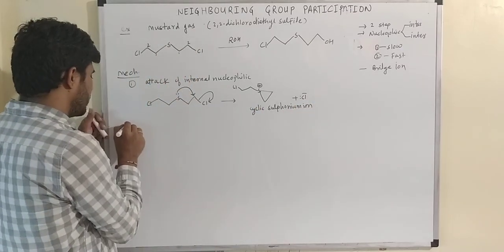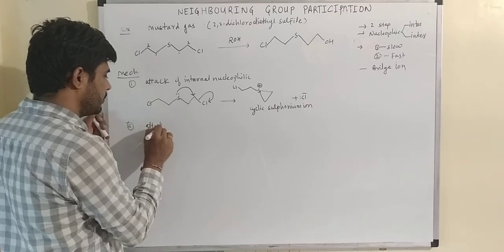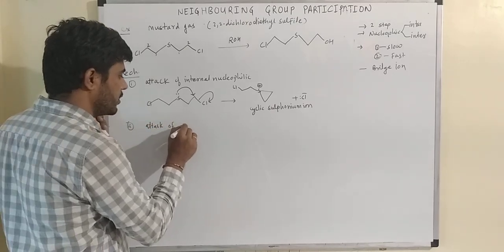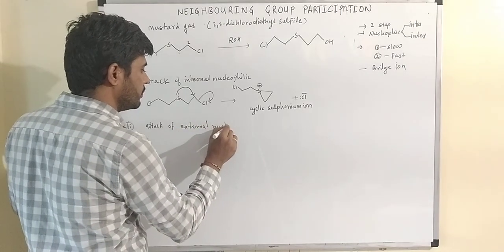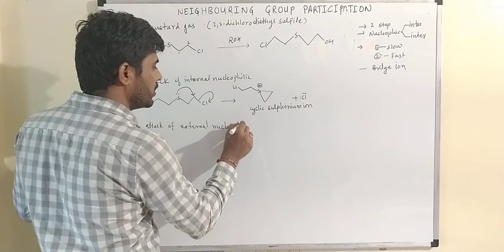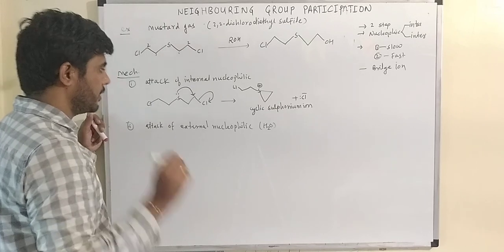So that is the first step. Now in the second step, this is the attack of the external nucleophile. In this case, the external nucleophile is a water molecule. H2O is going to attack here.